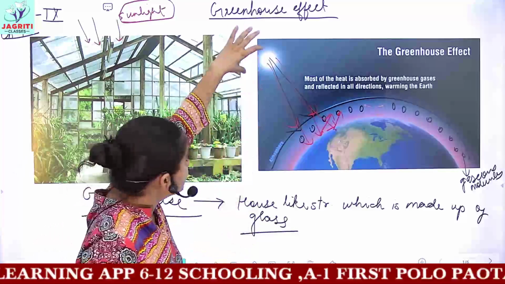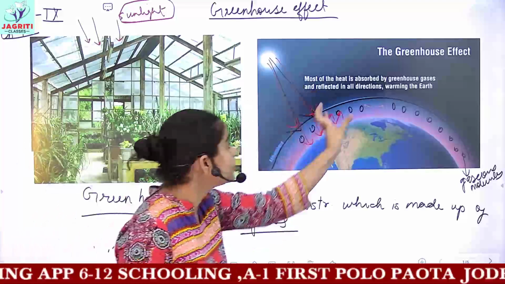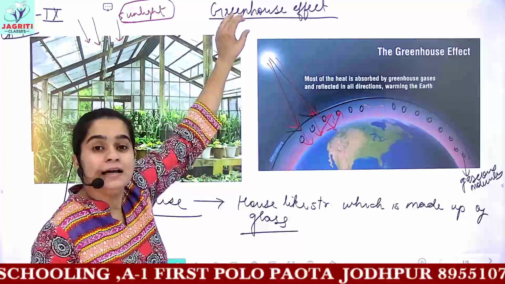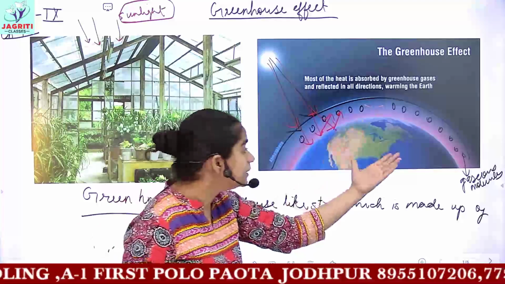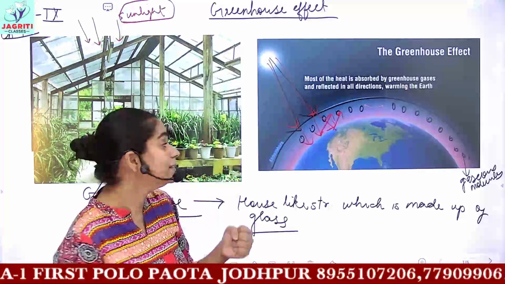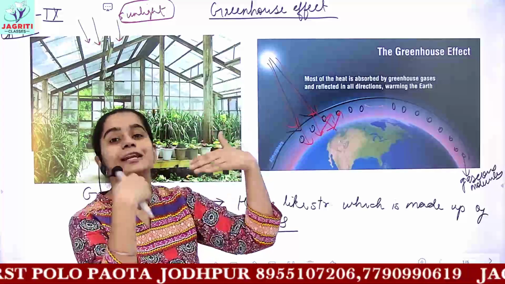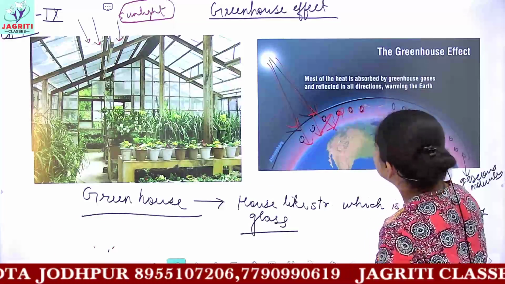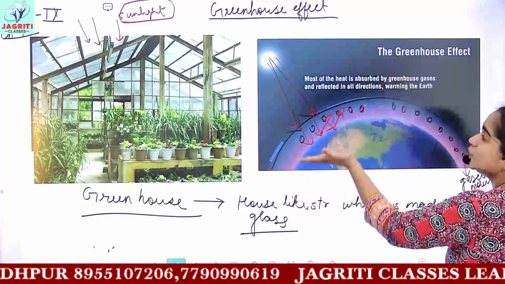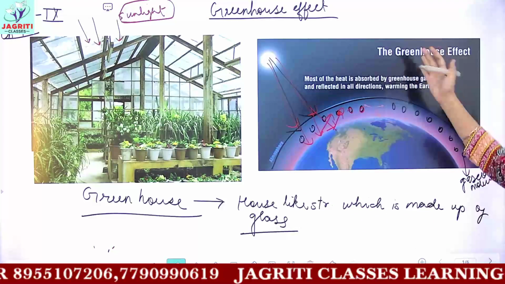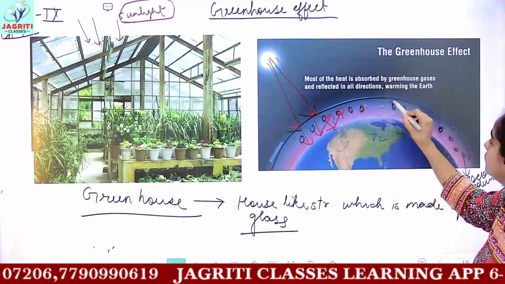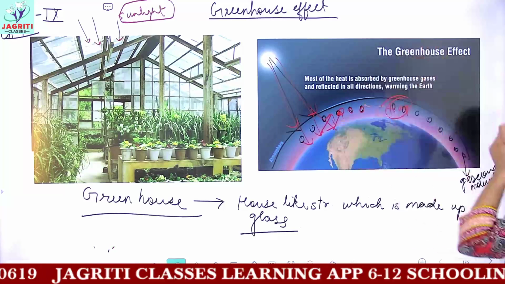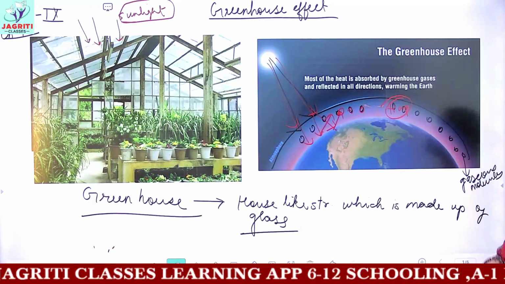But the number of light rays coming and the number of light rays reflected back are different, because the sun emits light rays in a given number, the required heat energy is absorbed by the earth, and then the earth releases all the remaining light rays back. But these gaseous molecules do not allow all the light or heat energy to go back into space; they trap the heat energy and do not allow it to go into outer space again, from where it came.